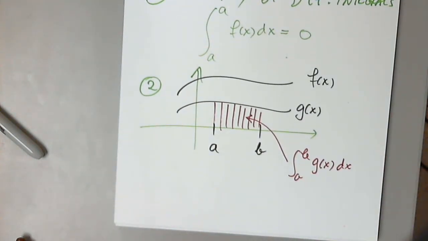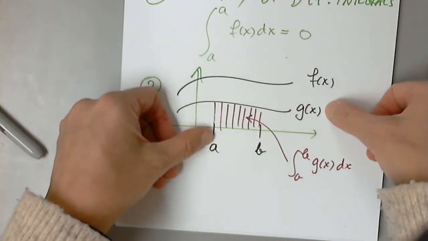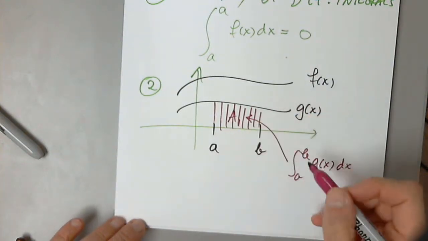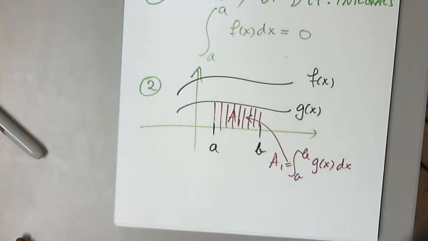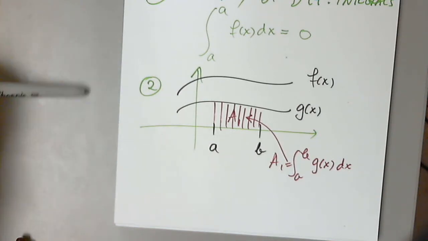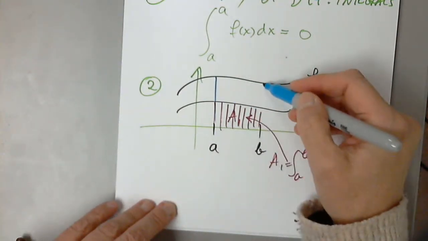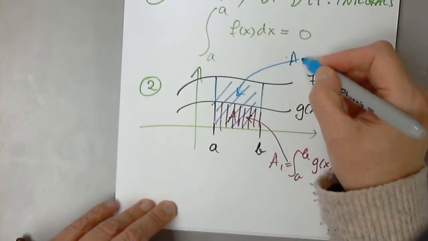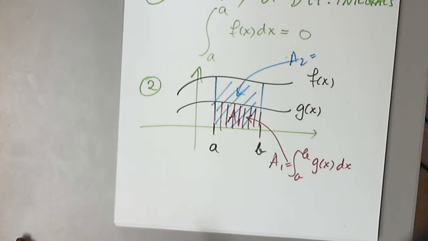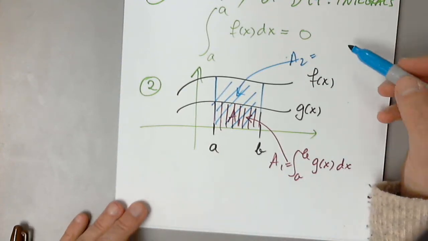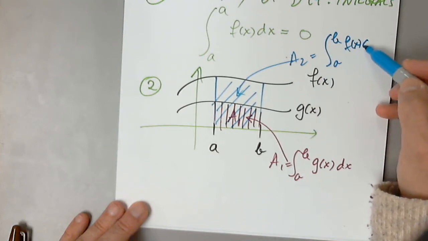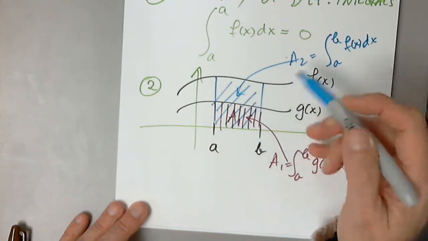Agreed? So the area under the graph of g of x between a and b is nothing else but this area, a1, the integral from a to b from g of x dx. Agreed? Very good. So now what is this? What is the blue area? F of x dx, the whole thing, right?